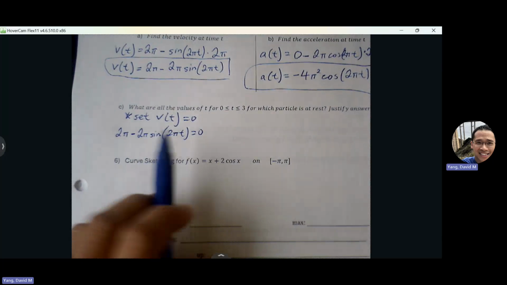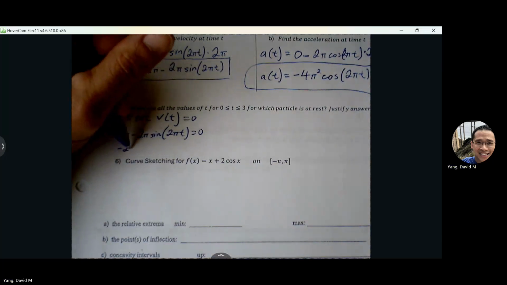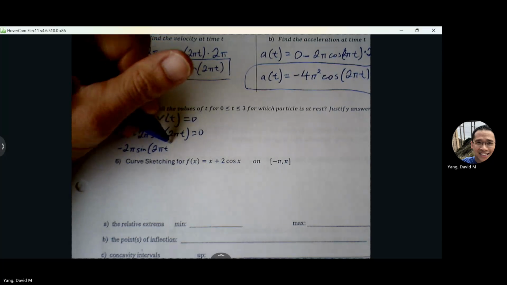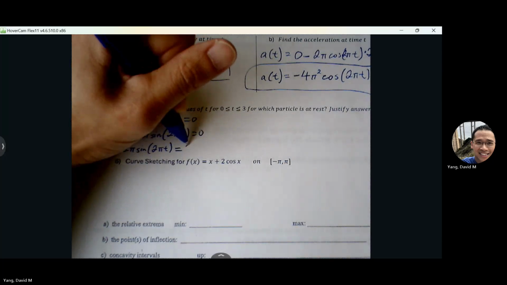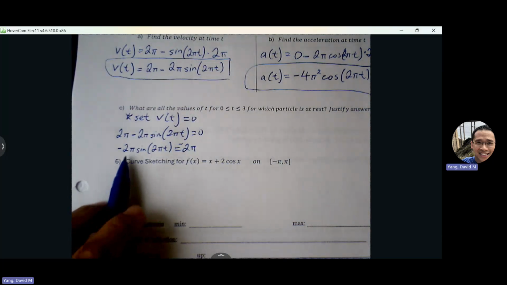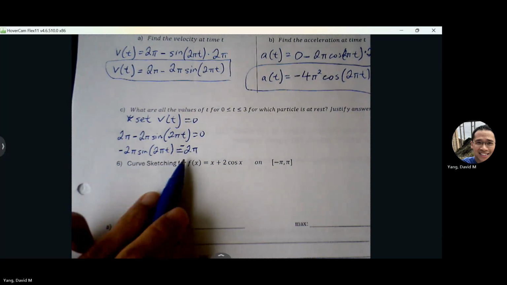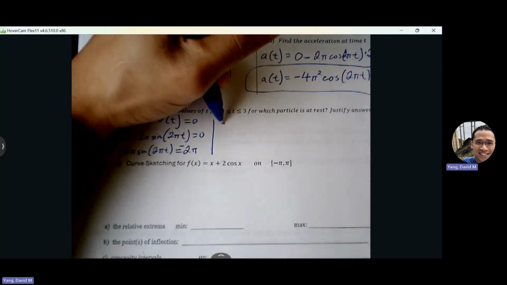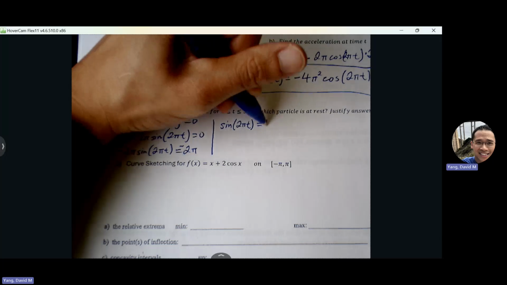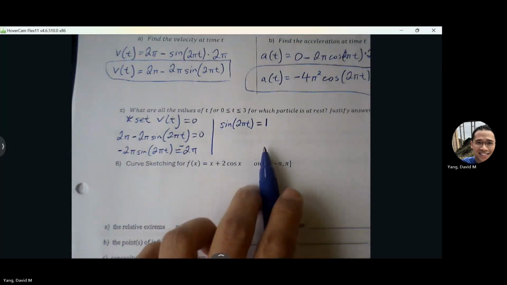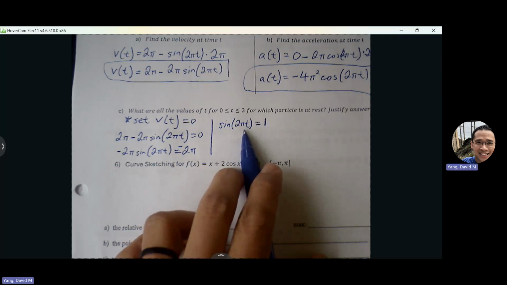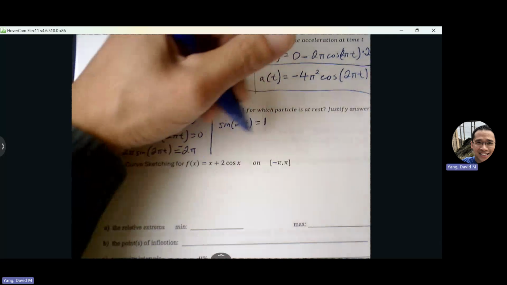Eventually, we're going to get that t by itself. Divide both sides by negative 2 pi. That will get me down to sine of 2 pi t is equal to 1. Isolate that 2 pi t, do inverse sine.